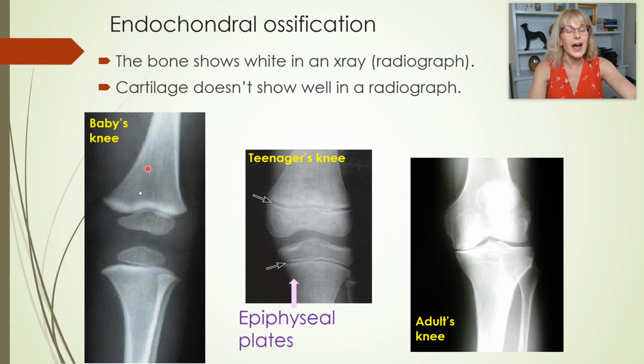Now, as the baby grows up and turns into a teenager, that bone is still growing in length. How's it growing in length? It grows in length from the epiphyseal plates. Do you see what looks kind of like a crack in the bone? Not a crack in the bone. That is a growth plate. That is the area of this bone that you know that this teenager is still getting taller.